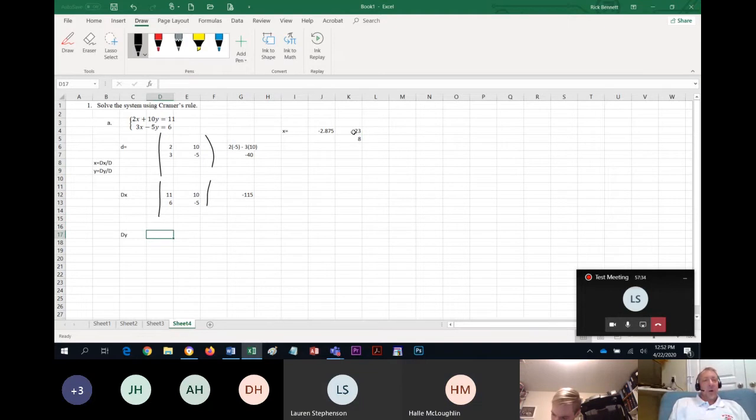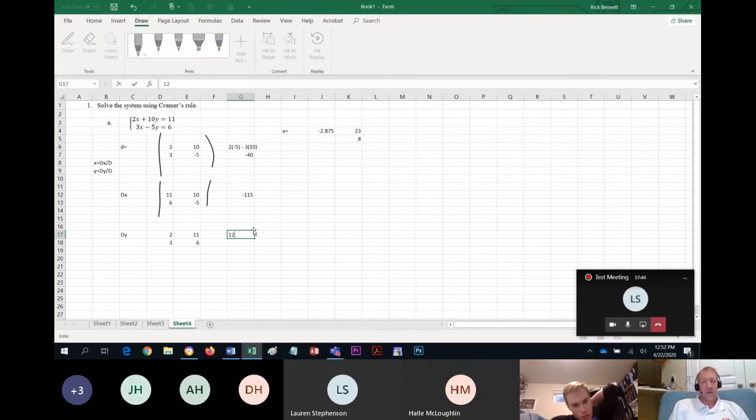All right, so your d sub y is going to be 2 and 3 and 11 and 6. So when we find that determinant, that's going to be 2 times 6 is 12, minus 3 times 11 is 33, which is -21.